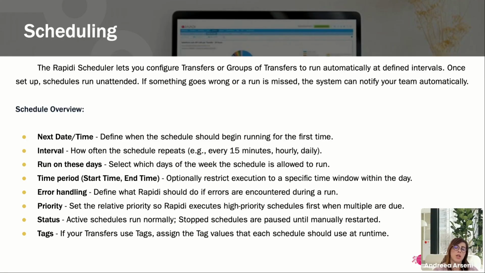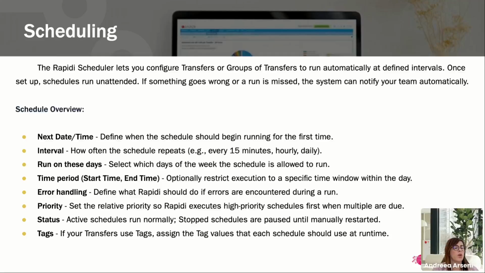Then when you set up the schedule, you can set it up based on that tag. This means that the same transfer can run for 2 different companies. That's the purpose here. It will help you to schedule transfers for any number of companies that you might have in your system.